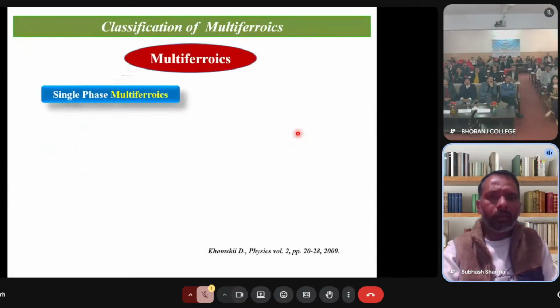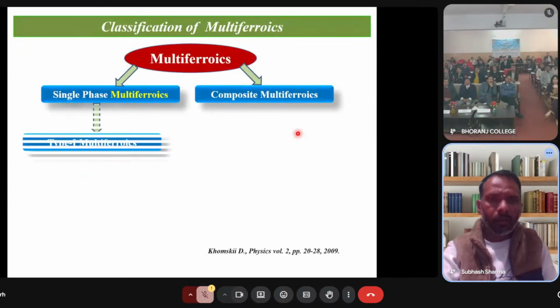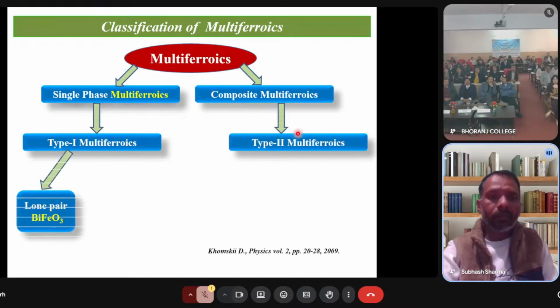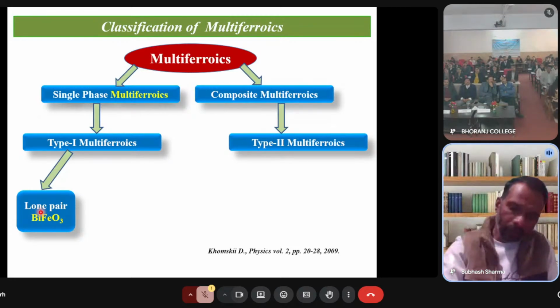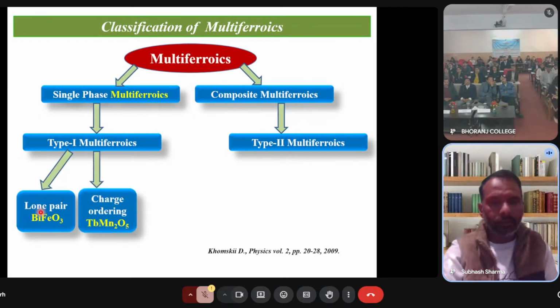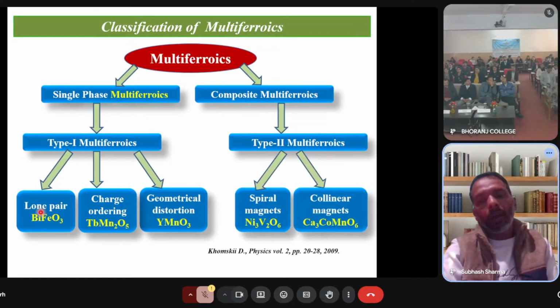The most common multiferroic material is bismuth ferrite. In my lab, we are only focusing on this, and I will tell you the reason, but there are many multiferroics. The names, like charge ordering and geometrical distortions, suggest the reason for polarization.